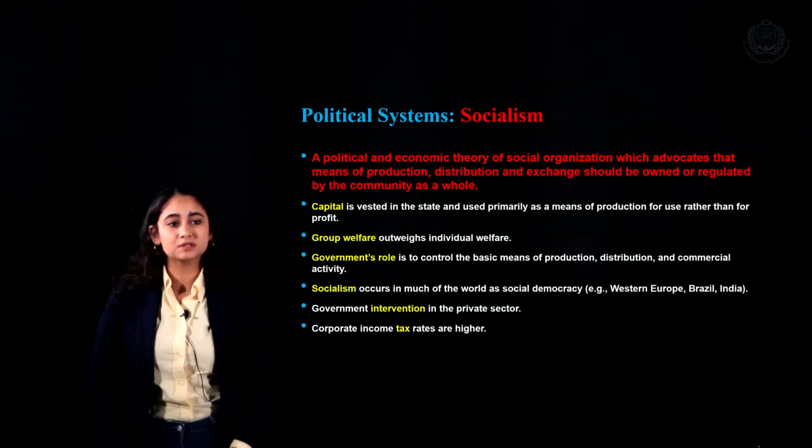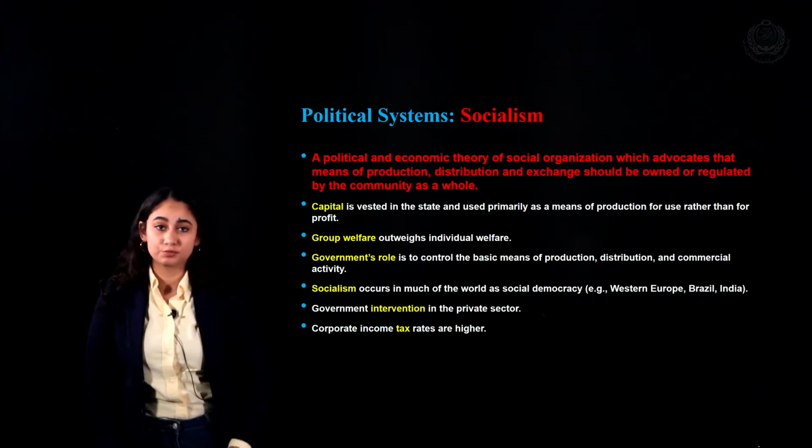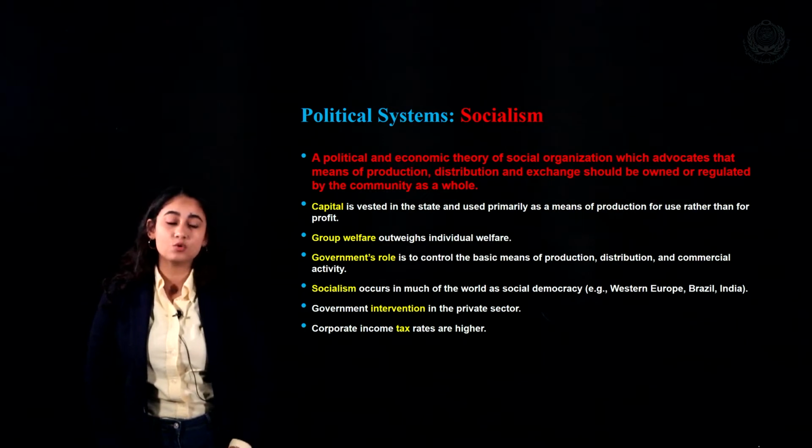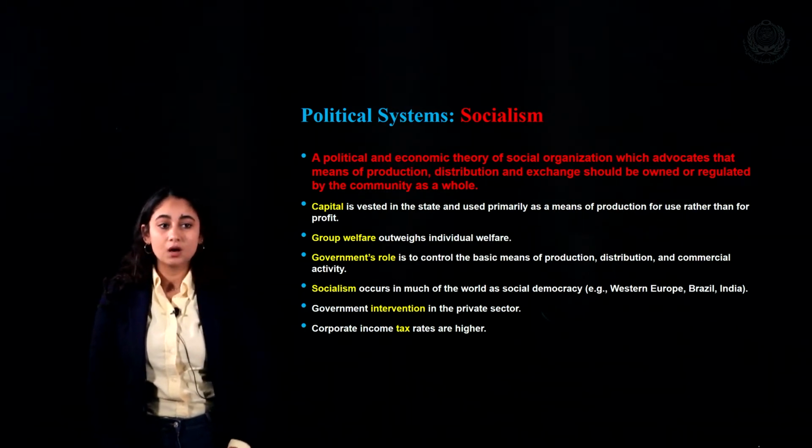So here, capital is vested in the state, and it is used primarily as a means of production for use rather than for profit. So here the main focus is the welfare of the citizens of this nation.